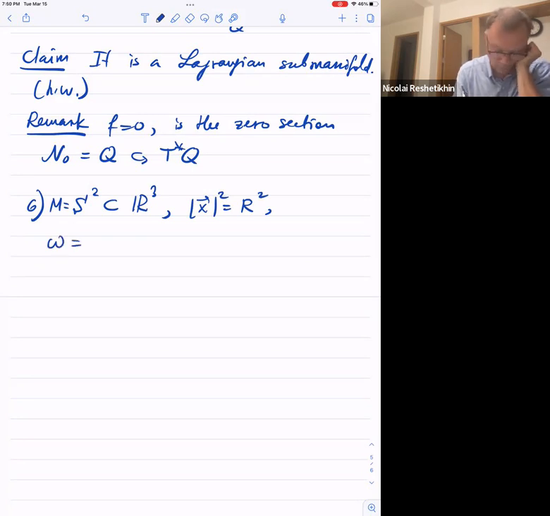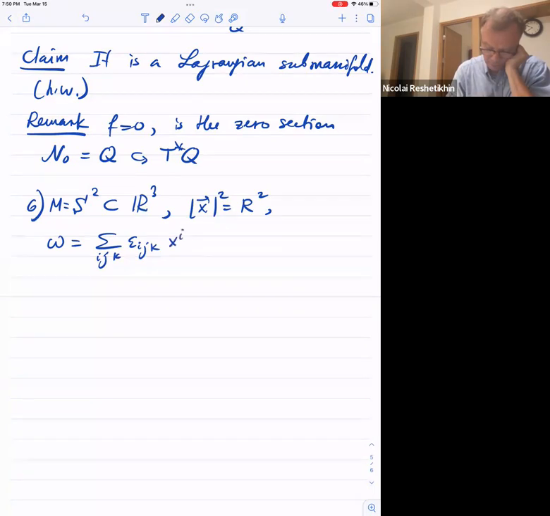I already mentioned that if epsilon ijk is a totally antisymmetric tensor, then this form is actually symplectic.